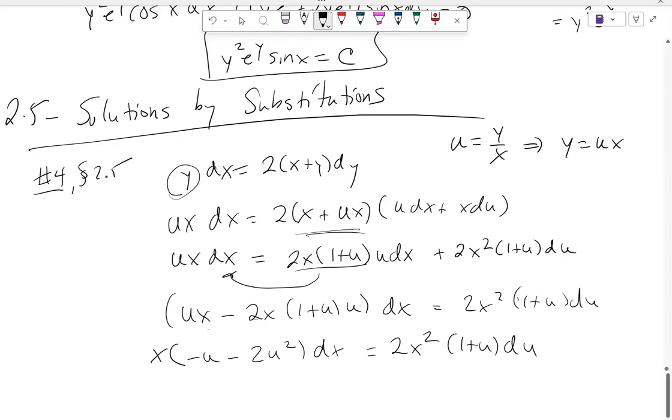Why did this help? It's separable now, right? We agree? Now it's a separable differential equation.